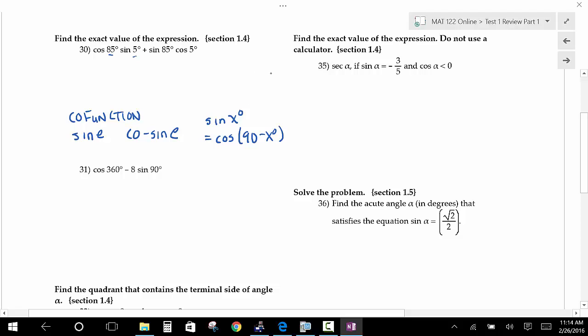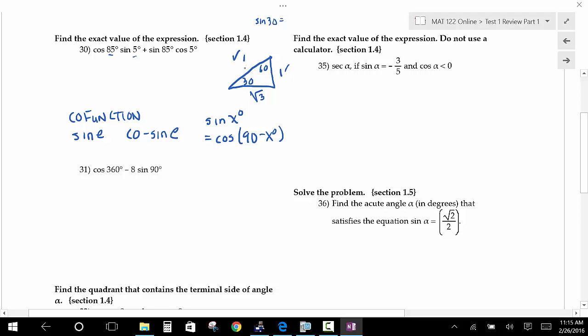One illustration of that, a slick thing to show students to help you understand this: if you go back to that 30-60 right triangle where the sides go like this, I want you to notice that the sine of 30 is equal to opposite over hypotenuse.